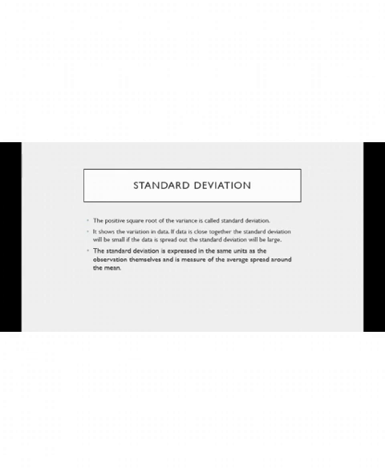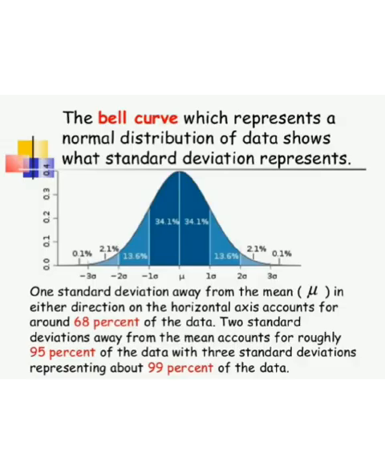The standard deviation is expressed in the same units as the observations themselves and is a measure of the average spread around the mean. The bell curve, which represents a normal distribution of data, shows what standard deviation represents.